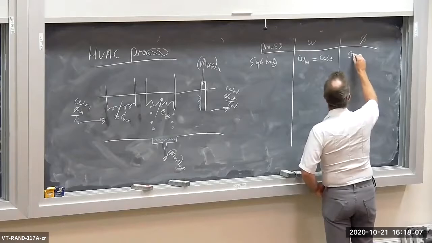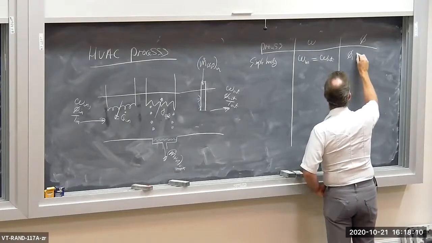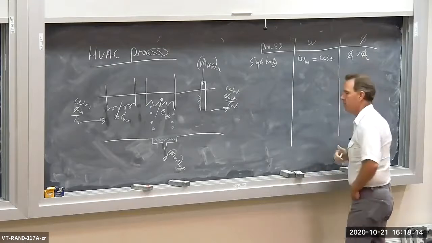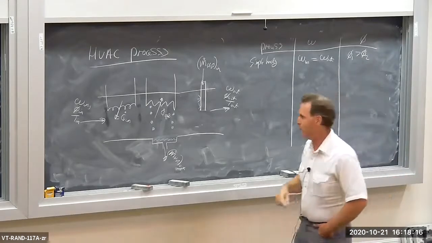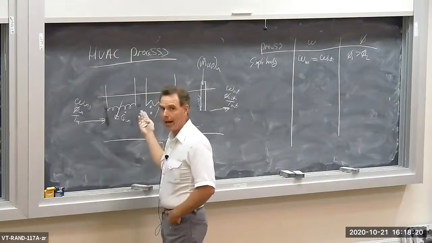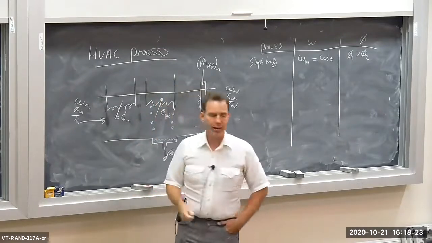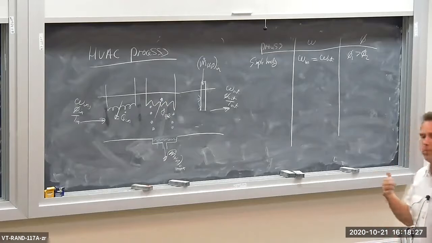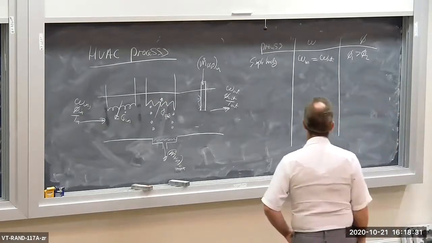So relative humidity at the inlet is greater than relative humidity at the outlet. Why is that? Because we're not adding any H2O, but the saturation pressure is going up because it's warmer. We're heating the air, so it's warmer at the outlet compared to the inlet.